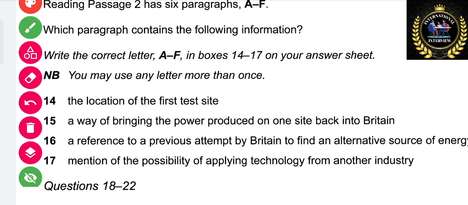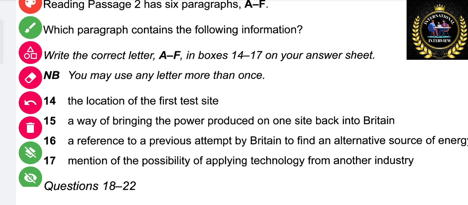So let's read question number 14 to 17. The first question is 14: the location of the first test site. Here, what is the keyword? As I informed you yesterday also, we should look for the keywords first to get the answer quickly.